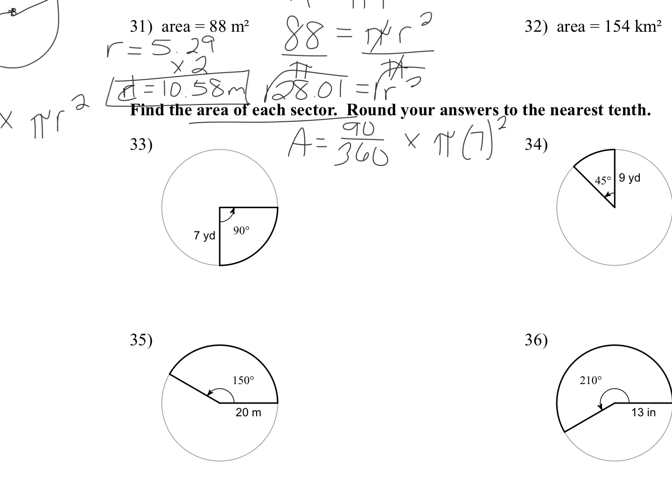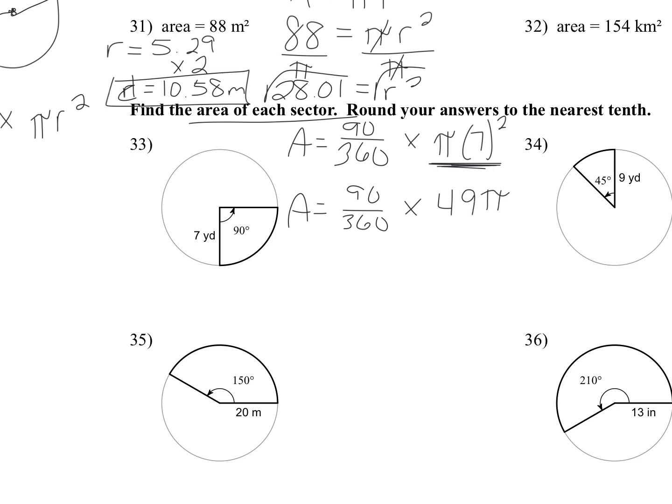Solving it, what should we solve first? Pi r squared. Yep, solve the area first, pi r squared. So leave your ratio for the end. 7 squared is 49 times pi.